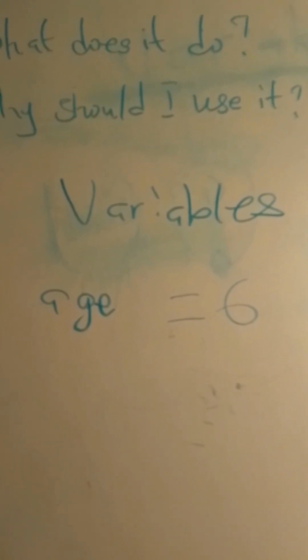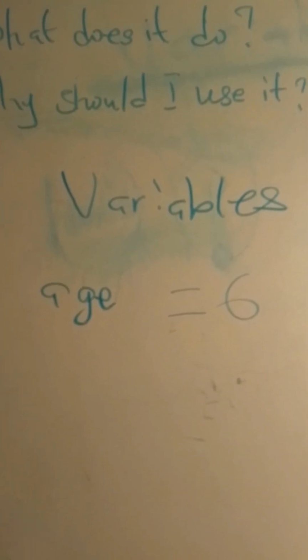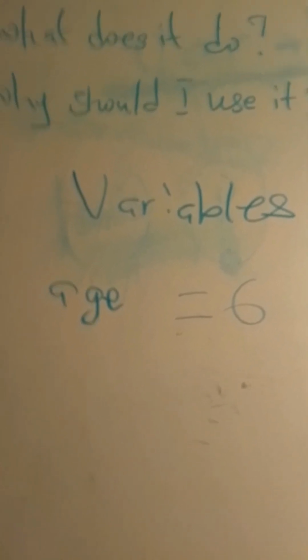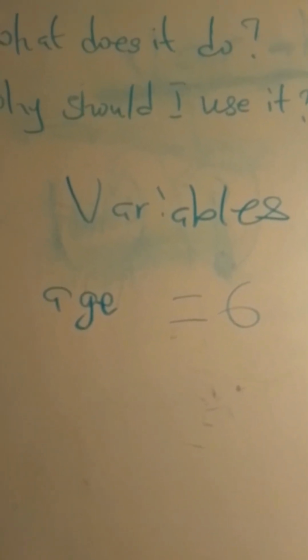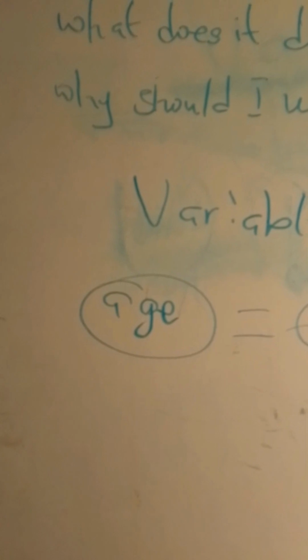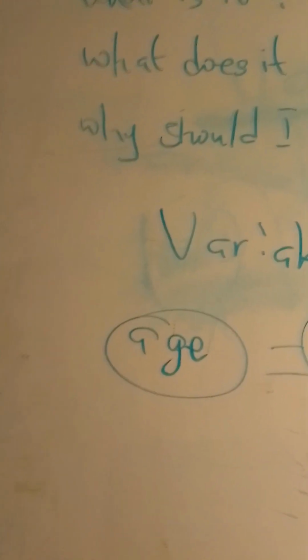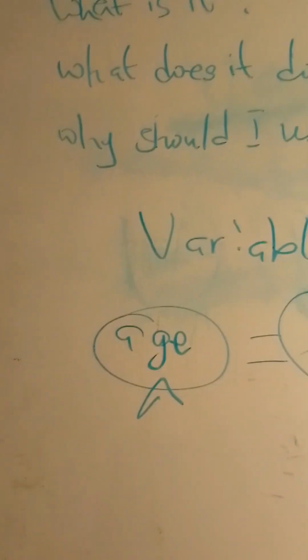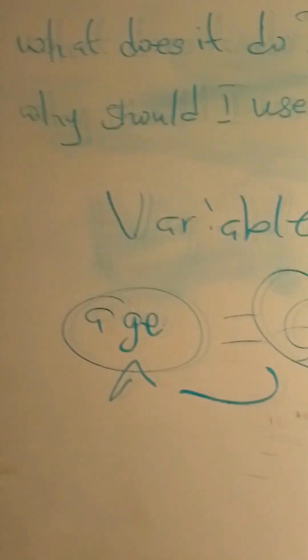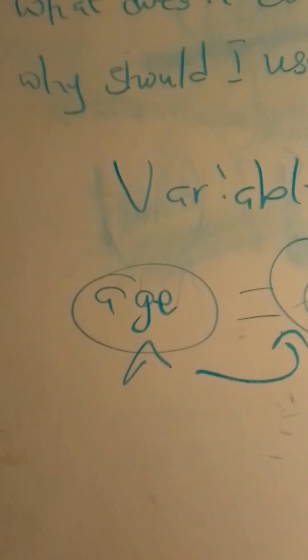Anytime we type age in our program, in our interpreter or our text editor, what the computer knows is, okay, this container or variable called age is used to store a particular data, and that data is 6 in memory. So anytime the computer sees age, it goes straight to our computer memory, then picks the data.